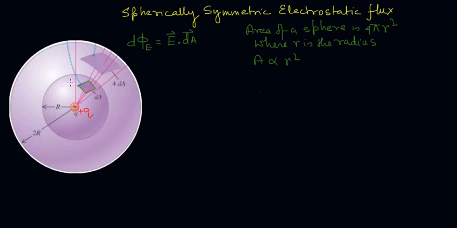If you take the whole area of the sphere, it is 4 pi r square. And what is the area of this bigger sphere? 4 pi into twice r square, so that is 16 pi r square, that is 4 times 4 pi r square. So the area increases 4 times if the radius is doubled. The area increases by the square of the radius.